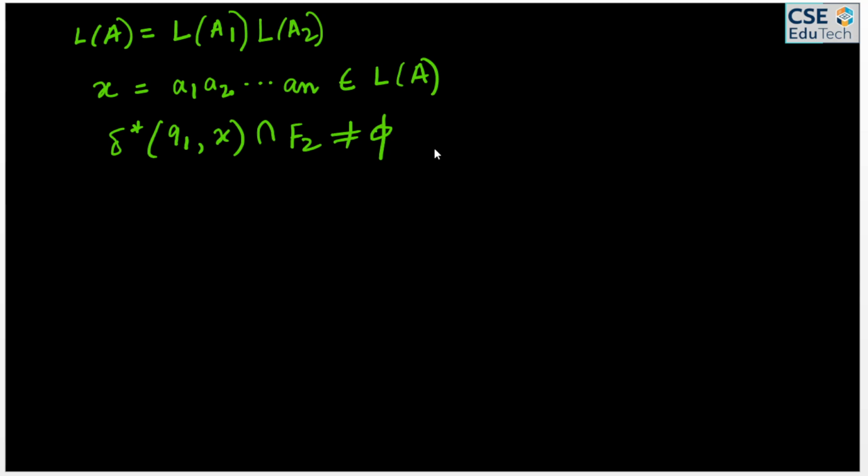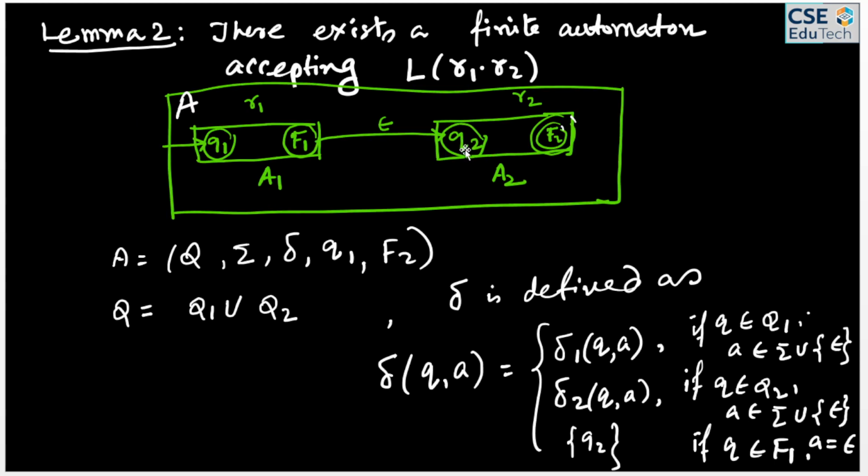Now, from this automaton A, it is clear that to reach F2 from Q1, we obviously have to go through the state Q2. Again I repeat, starting from Q1, after processing the string X, the only way to reach the final state F2 is via the state Q2.